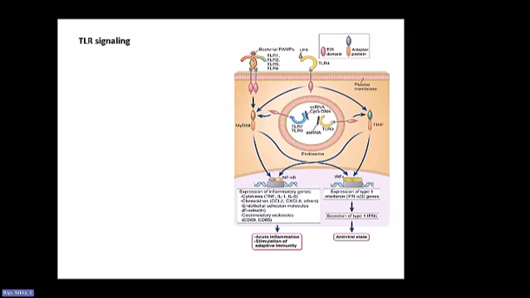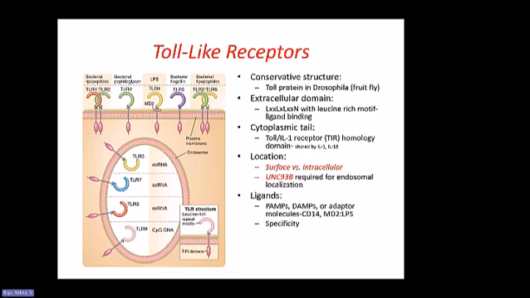overall, the reason for talking about any receptor is to make sure that you understand what these receptors are responsible for. So going back to the structure here for TLRs, when they bind to these various ligands, the goal is that the receptor gets activated and performs signaling so that the signaling leads to the outcome that's important to counteract whatever they are binding to.